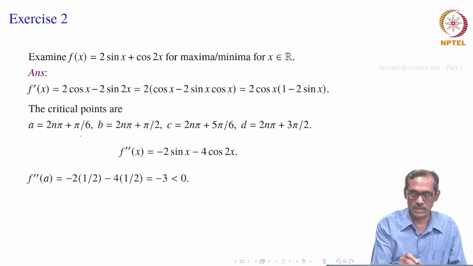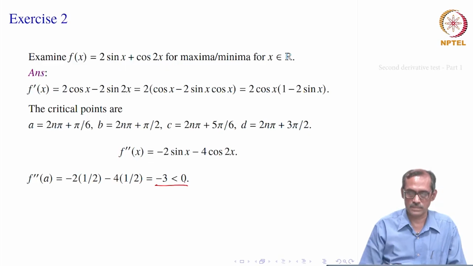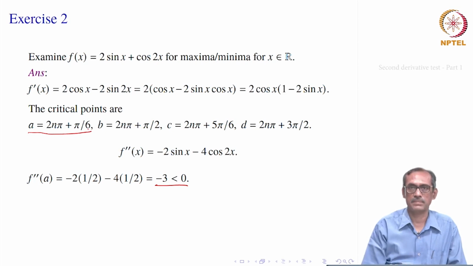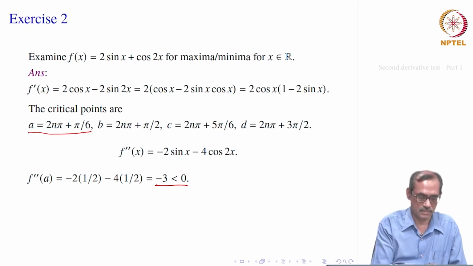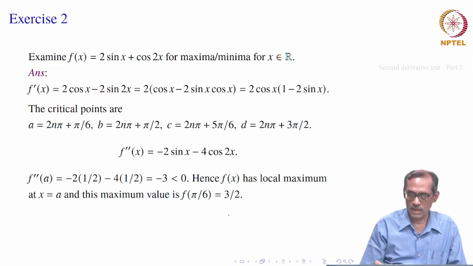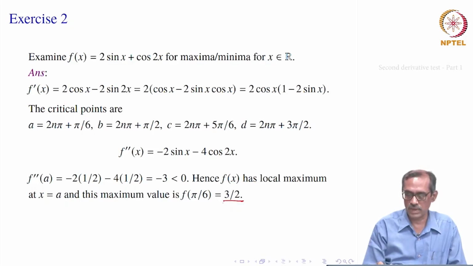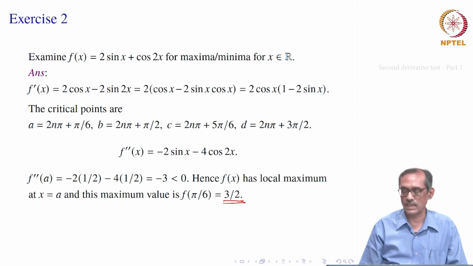So, that gives minus 3, which is less than 0. That means all these points are local maxima of the function f(x), fine. So, what is the local maximum value? Evaluate f at A, that is essentially at π/6. That gives 3/2, that is the local maximum.